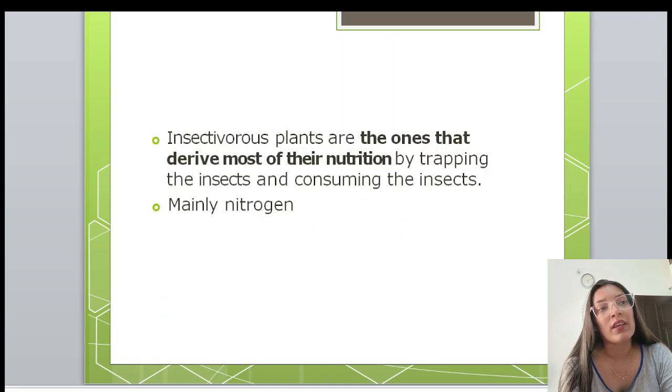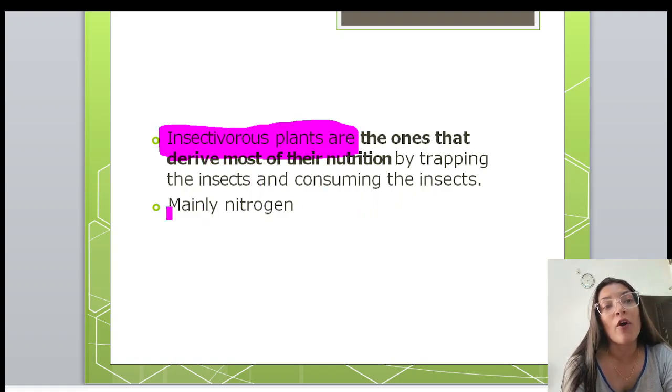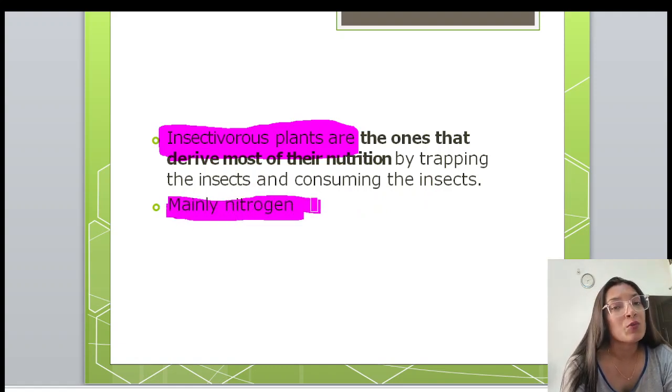Next, one more modification we study is the insectivorous plant. What are insectivorous plants? In insectivorous plants, the leaves are modified into structures which can eat up insects. Now, why do they need to eat insects? Because they need nitrogen. Insects are a rich source of nitrogen.